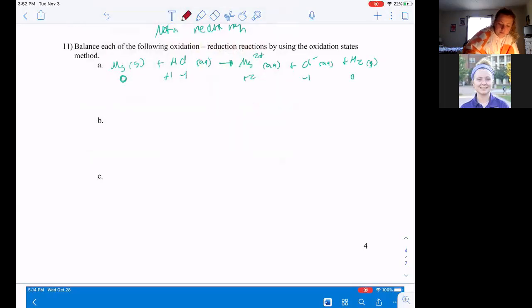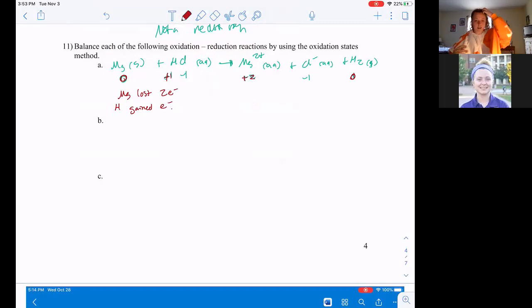So this is a 0, and now it's a +2. That means that Mg lost 2 electrons. And then hydrogen was a +1, and now it's a 0. That means the hydrogen gained an electron.